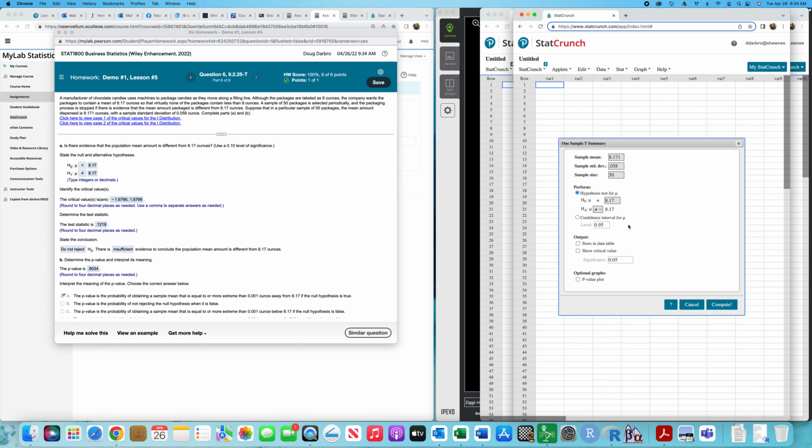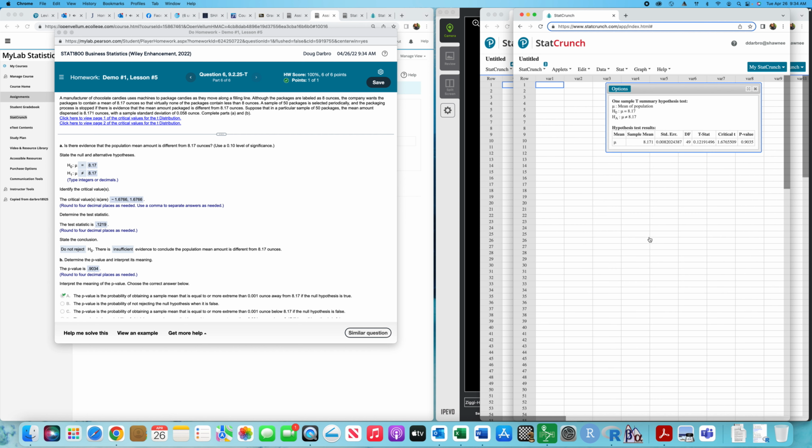Now here's the key. You can actually get your critical values right there. We have to change this to 0.10 because we're testing at a different significance level than 0.05. And I can hit compute. Now, the test statistic is 0.1219, which I get right here.